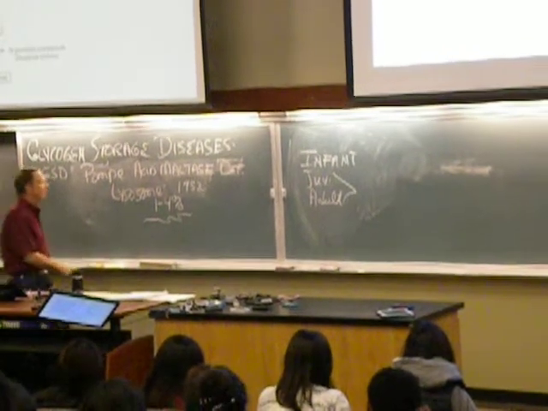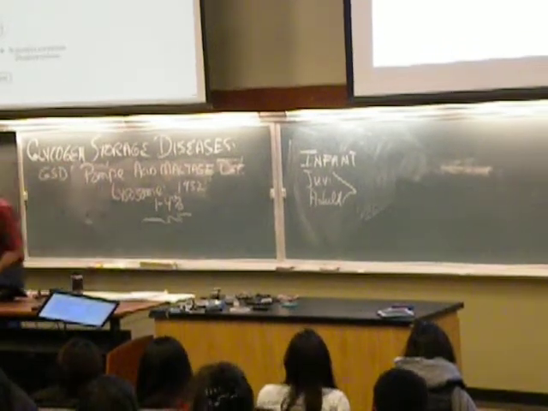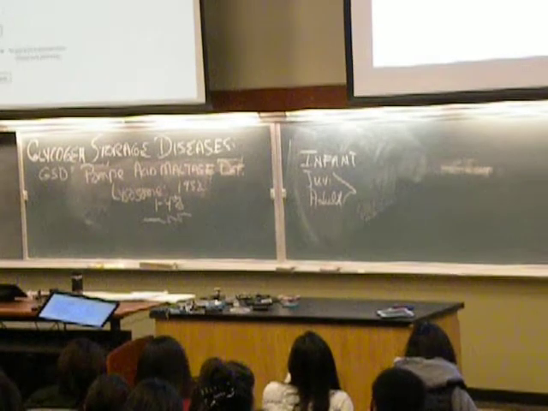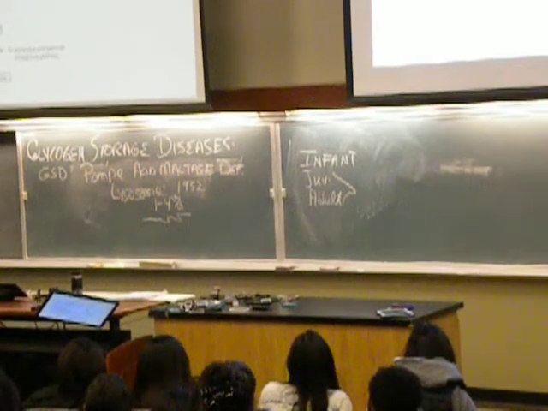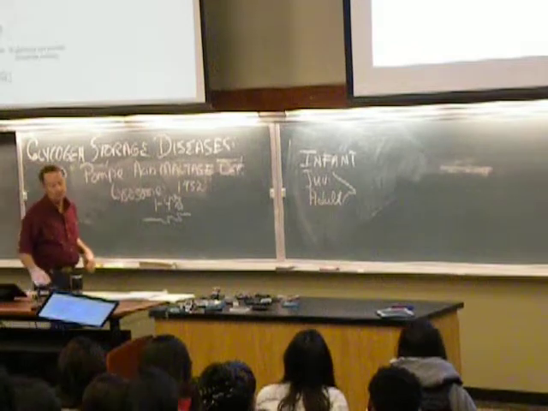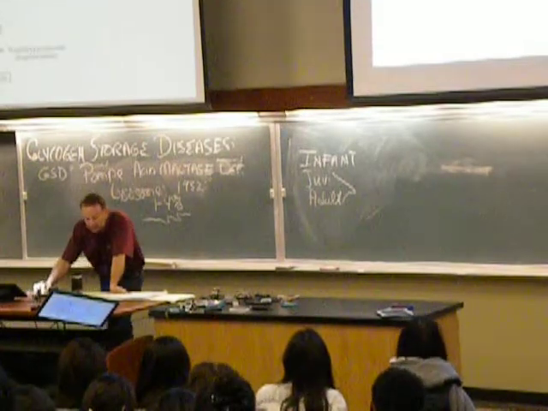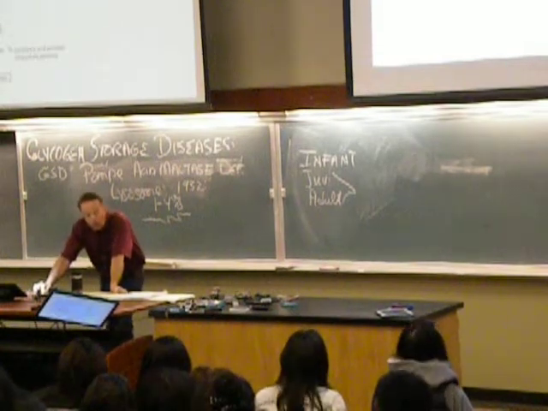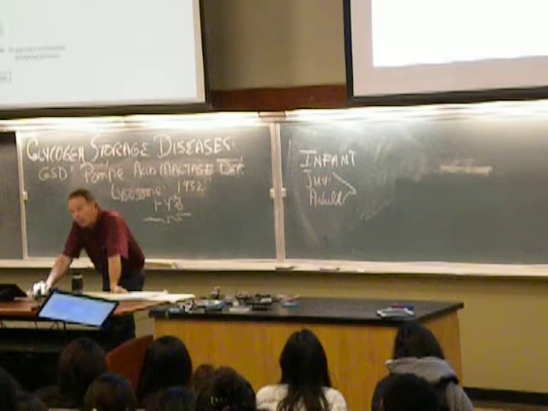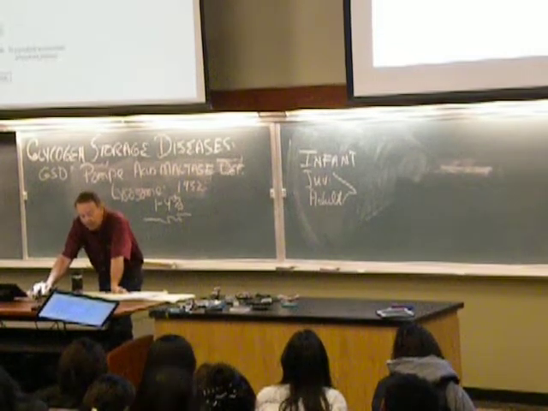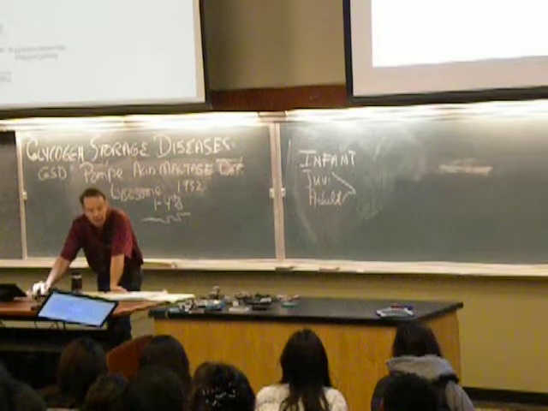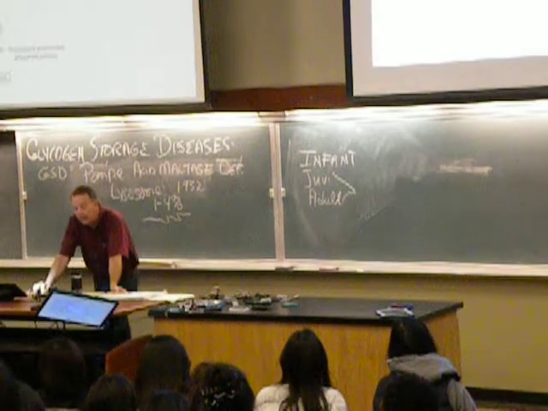So it's not so much the fact that you can't degrade the glycogen. The problem is that the glycogen is now building up in the lysosome, and that's going to impact lysosomal function. So you need to get the glycogen degraded. Infantile. This is going to show up when it's an infant, and usually gets diagnosed around 4, 5, 6 months of age.